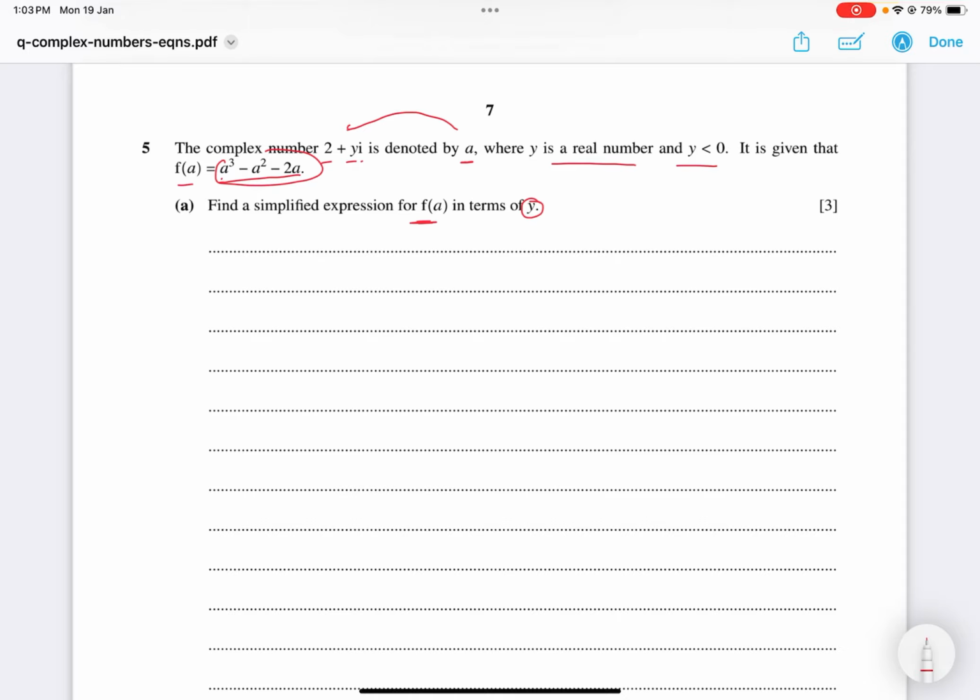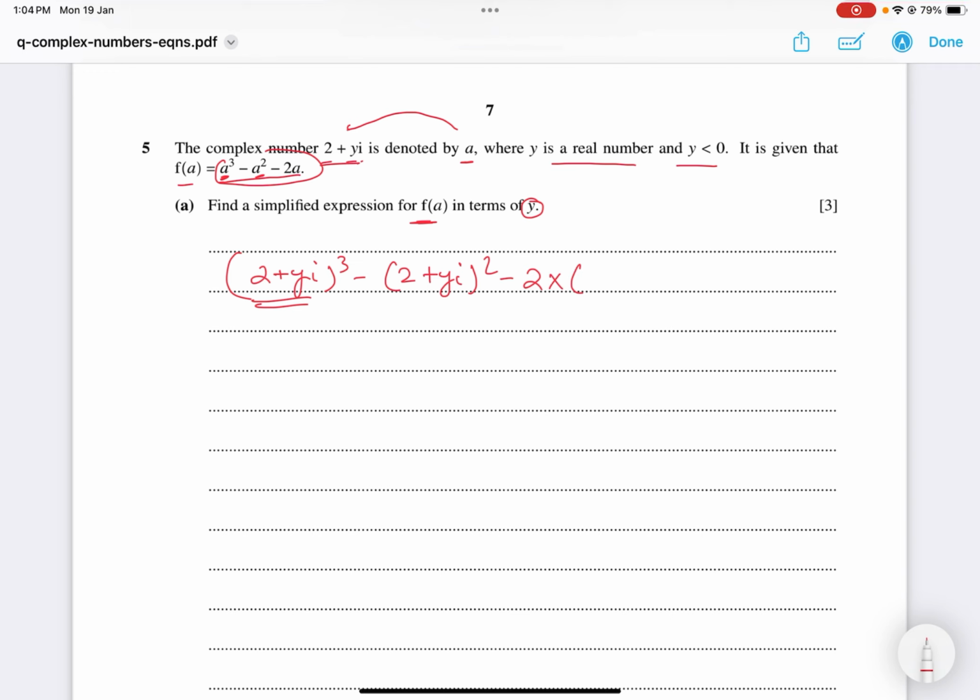So what we will do over here is replace this a by 2 plus yi. So it will become (2 plus yi) whole cube, minus (2 plus yi) whole square, minus 2 times (2 plus yi), because over here it is a square minus 2 times a.